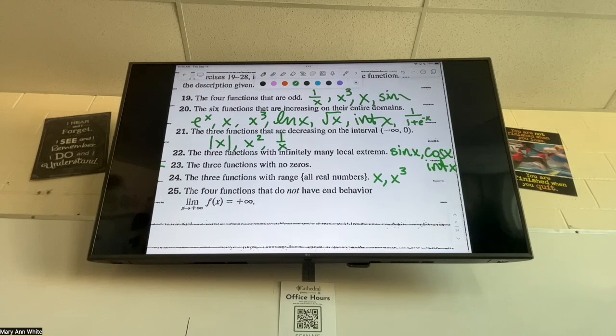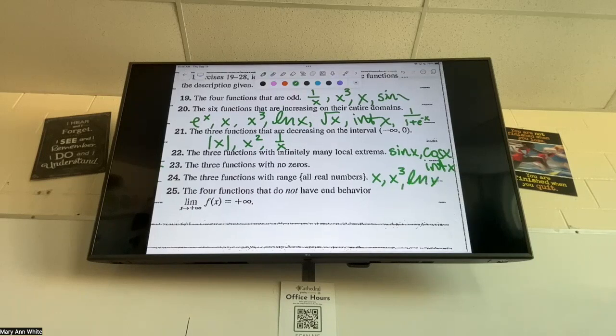Squared. So it has positive and negative y's. Reciprocal. Not reciprocal because you have that asymptote. Natural log, there we go.